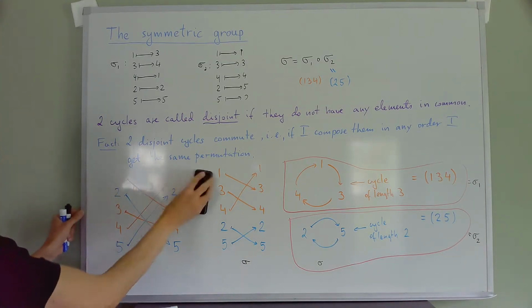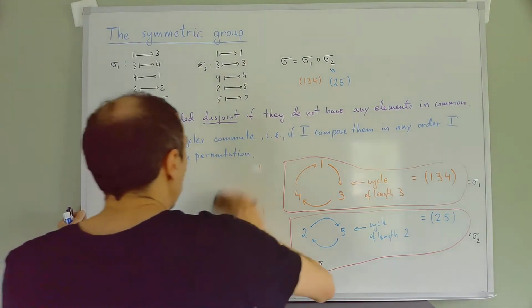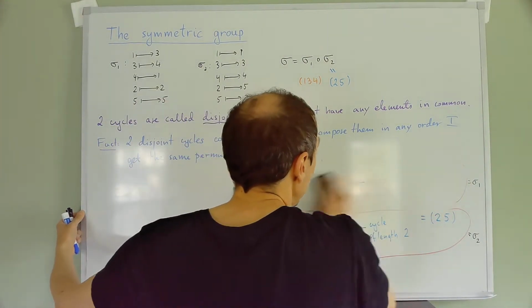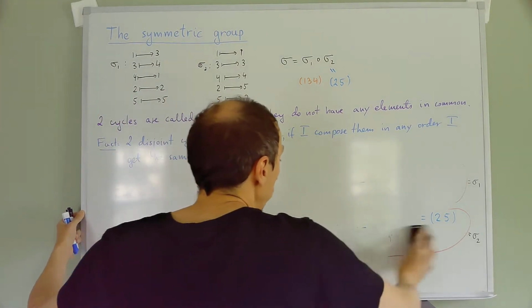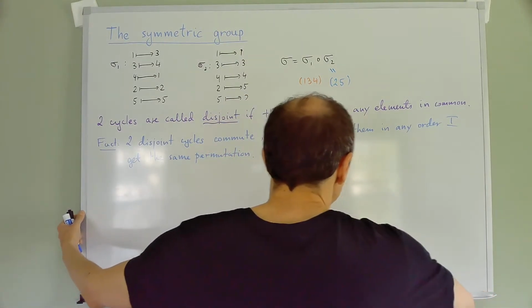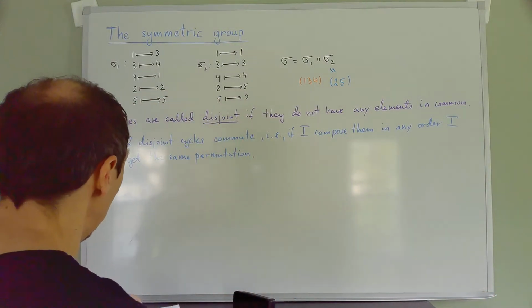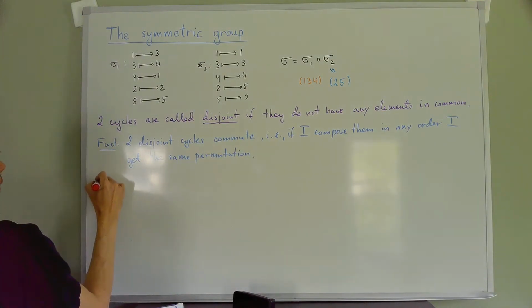Another thing about disjoint cycles is that any permutation can be written as a product of disjoint cycles. So that is another fact.